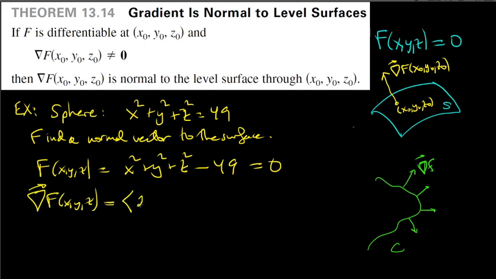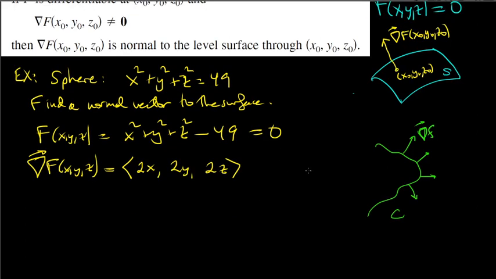The gradient here is just 2x, 2y, and 2z. In fact, the 2 doesn't really matter, that just gives you the magnitude of the vector. If all you need is any vector, you can divide by 2.